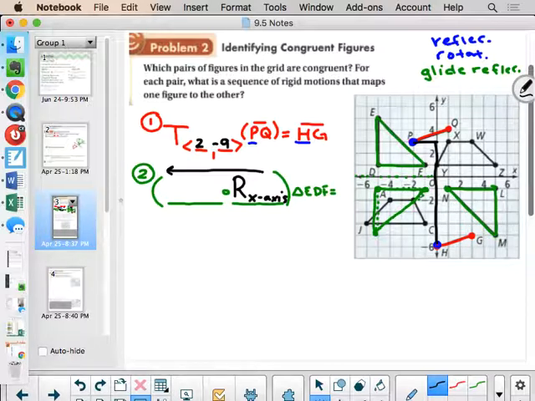So just for our references, I'm going to label here. This would have been D, this would have been F, and this would have been E. Because that's going to help me understand who maps on to who. Does that make sense? All right, so then what did we do? After we reflected across the x-axis, then what? Reflected over the y. Very good. So that was what we ended on. Y-axis. So when I did that, if I do that over the y-axis, this is going to be F, this is going to be D, and this is going to be E. So that kind of just helped me out to figure out who becomes who.